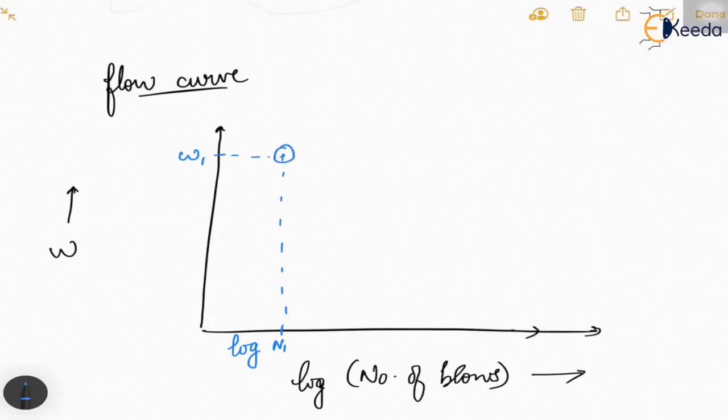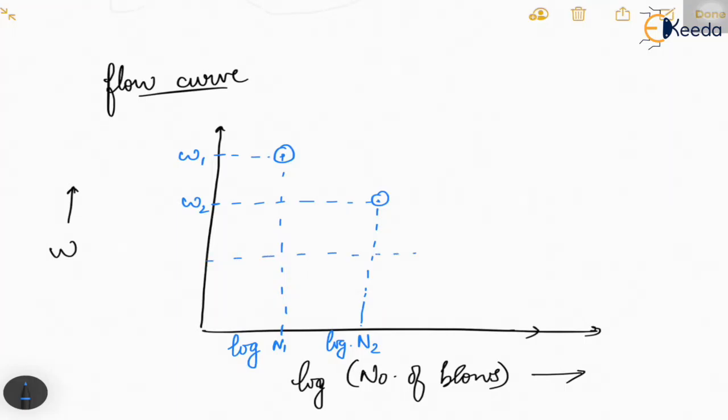So we obtain a point here, correct? Further, since it was less than 25, we went further and changed the value of water content to W2, for which we obtained a different n value, that is the number of blows, and we represented the point in terms of log of the same.